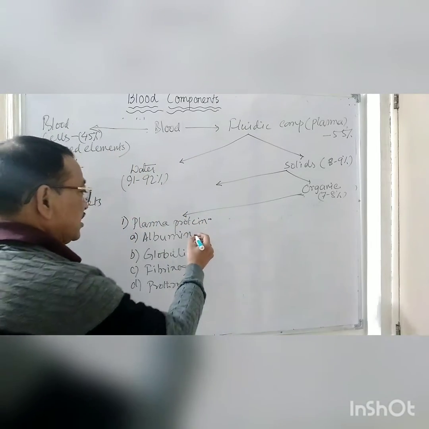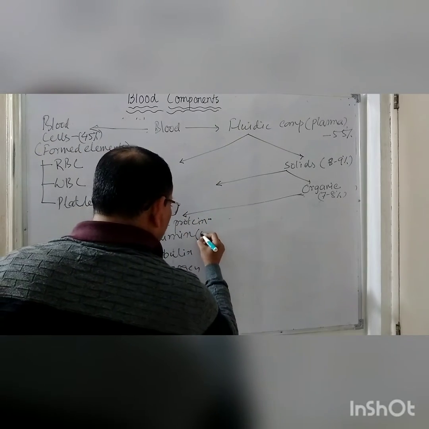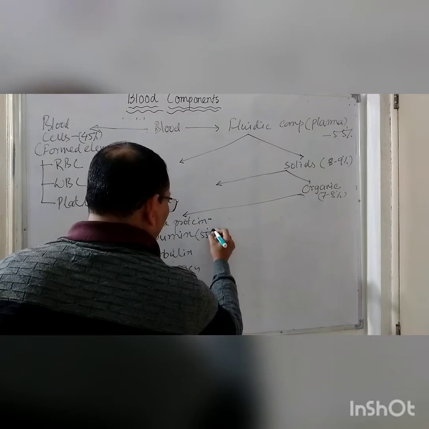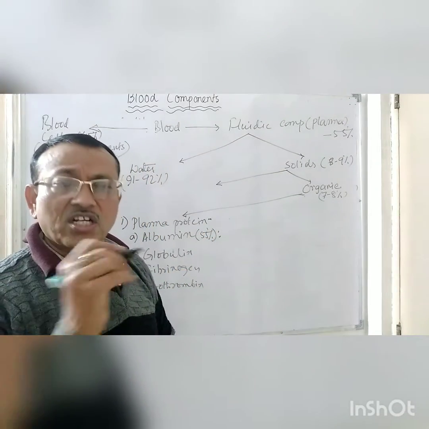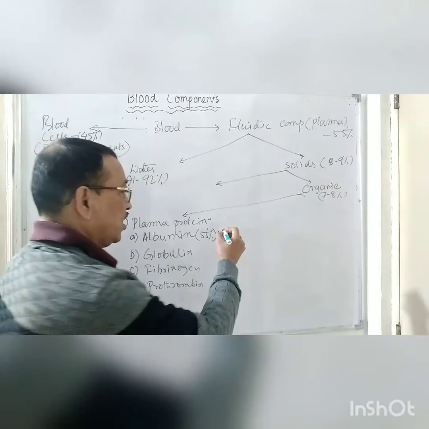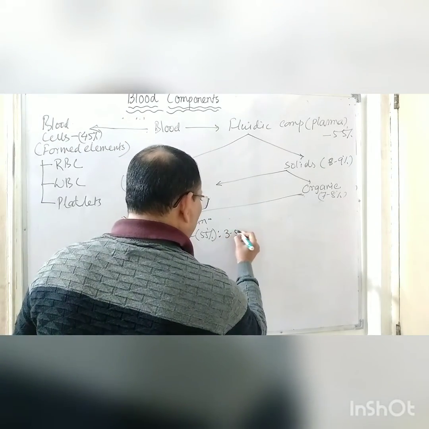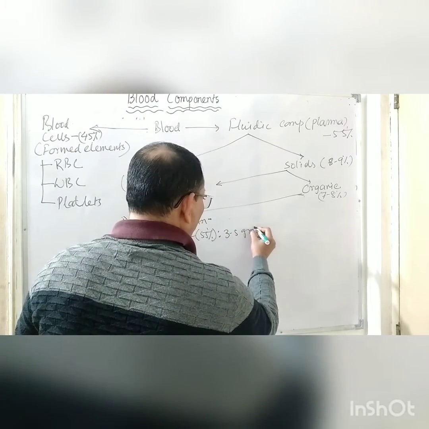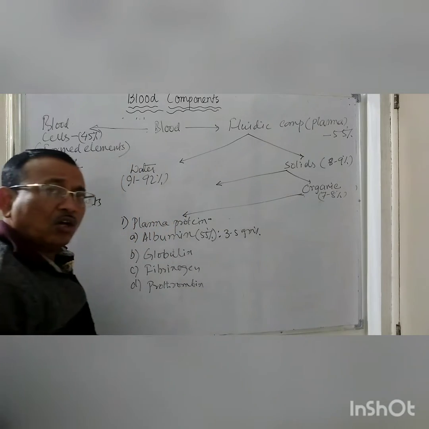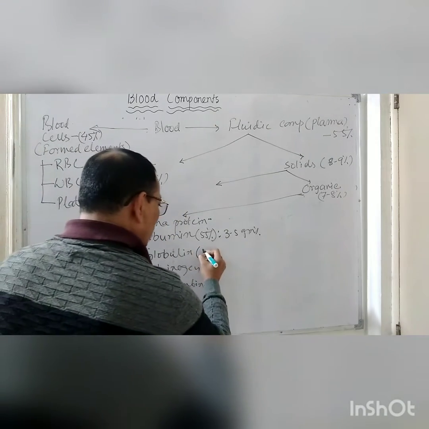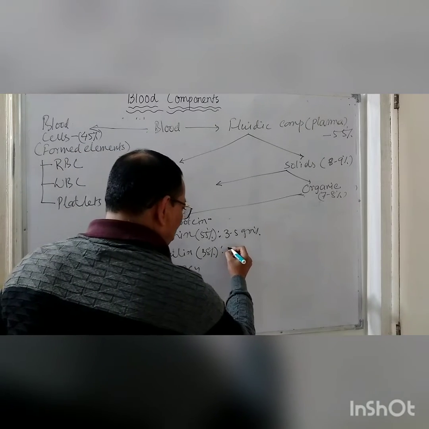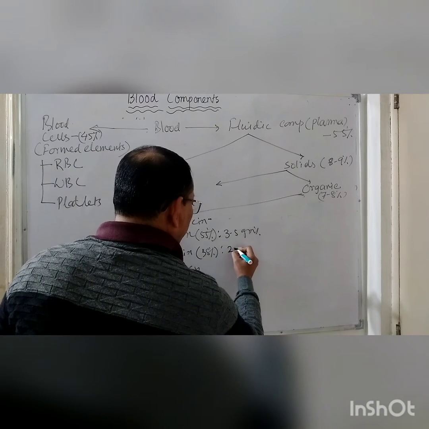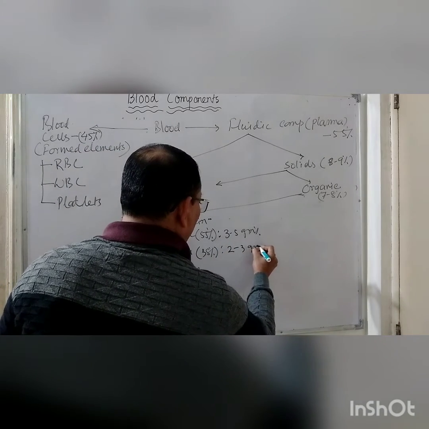Albumin, this composition is maximum, which is around 55%, and the concentration of this one is around 3 to 5 gram percent. Globulin constitutes 38%, and its normal concentration range is around 2 to 3 gram percent.